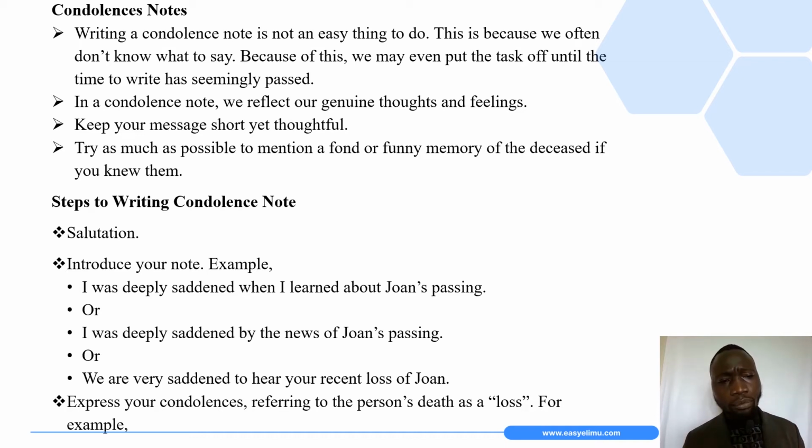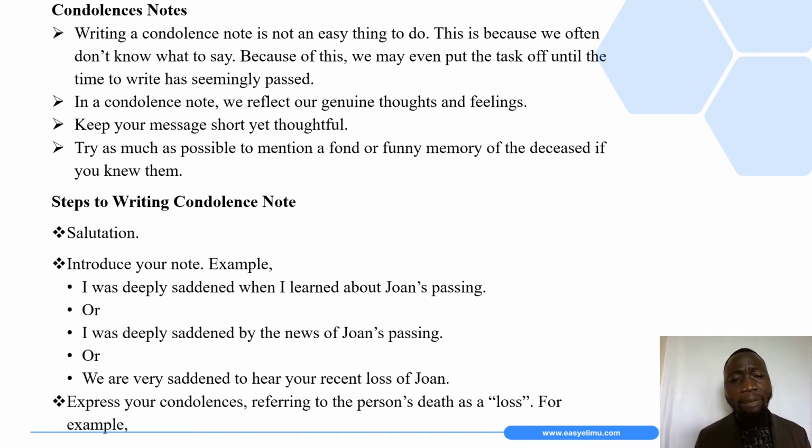After the salutation, it is important to always introduce. Now, under the introduction of your note, it is important to introduce the note, for example, by using words that show concern.